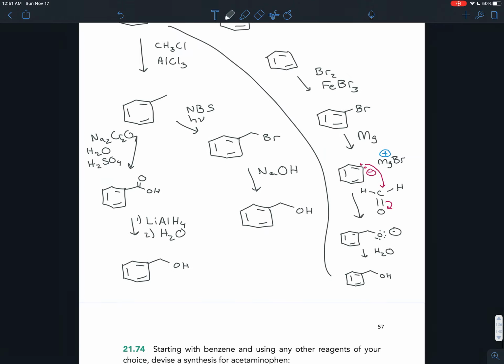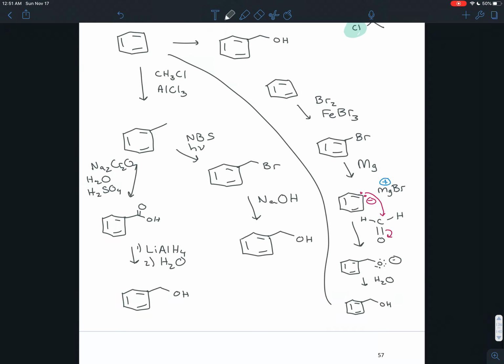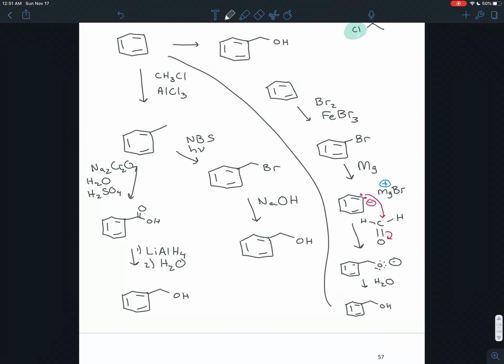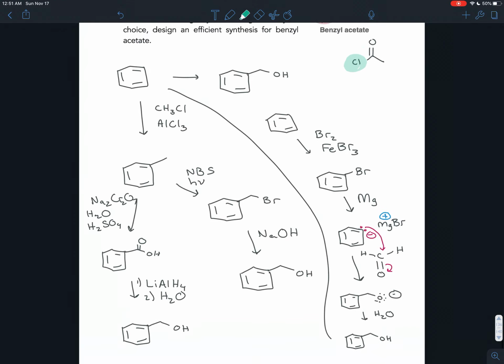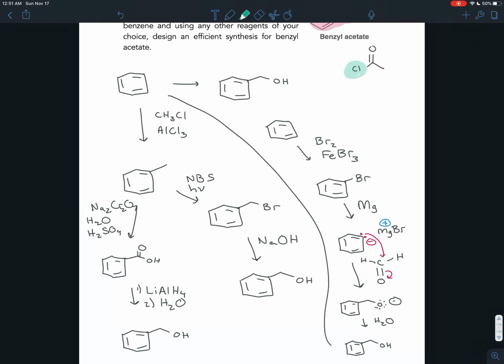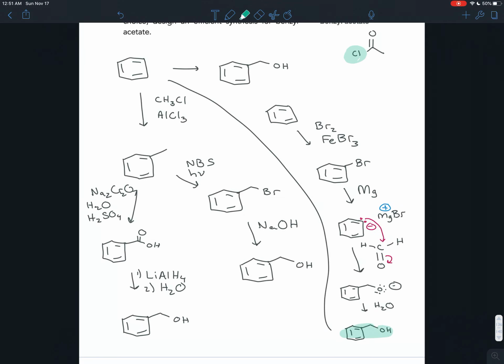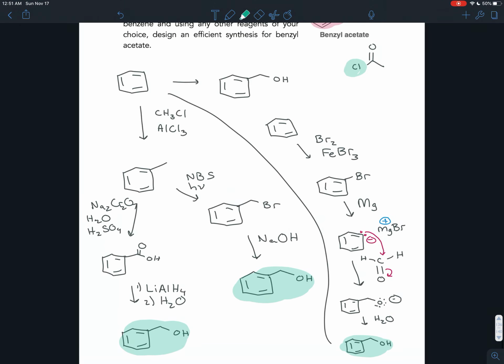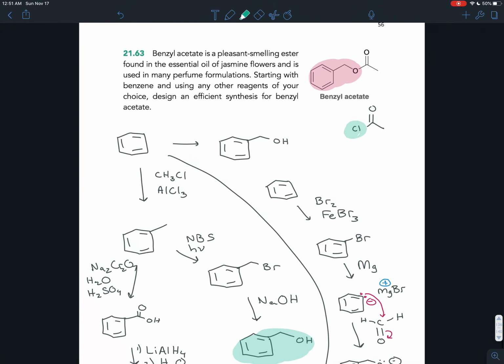So you have, like, the world is your oyster. Look at how many paths you can take using all the knowledge you've gained this semester to make this happen. If for some reason any of these paths get stuck, you use another one. Your creativity is the limit. So once we have this alcohol, we can just react it as the nucleophile.